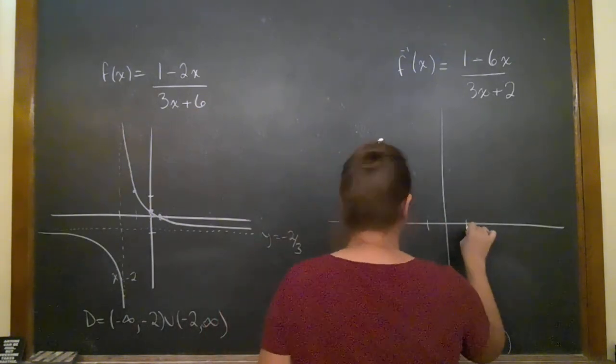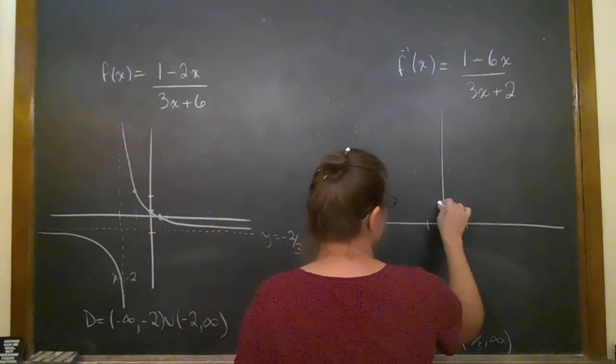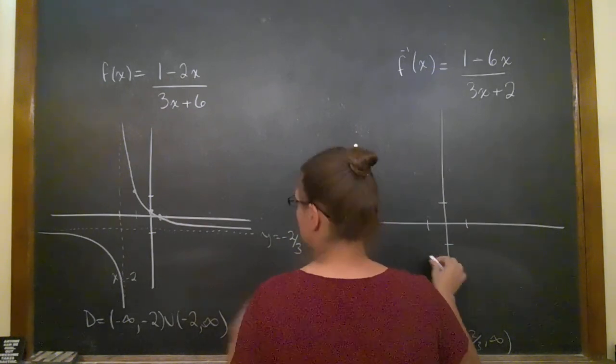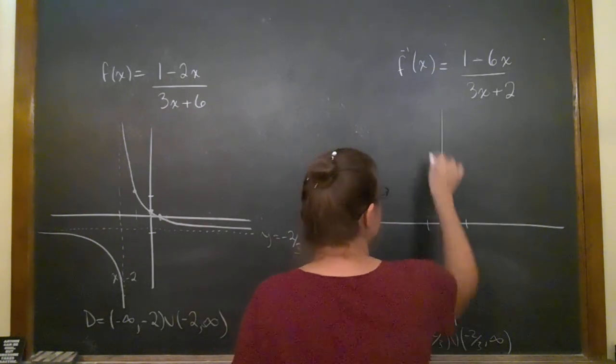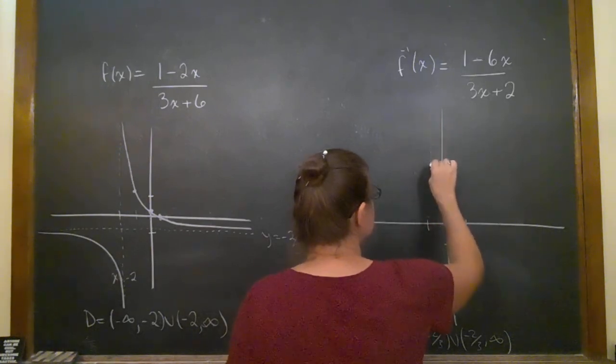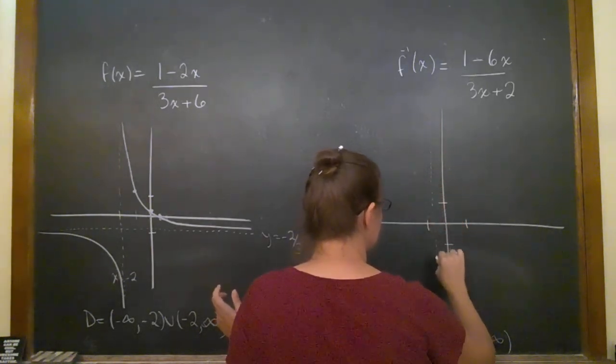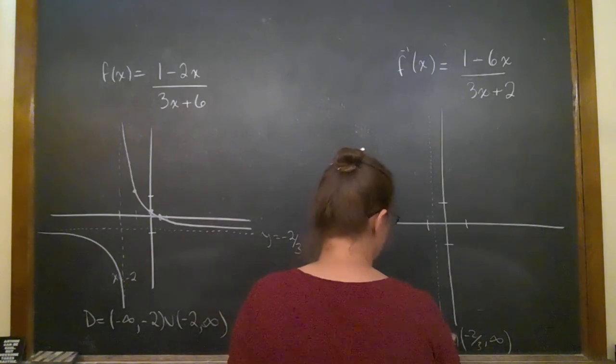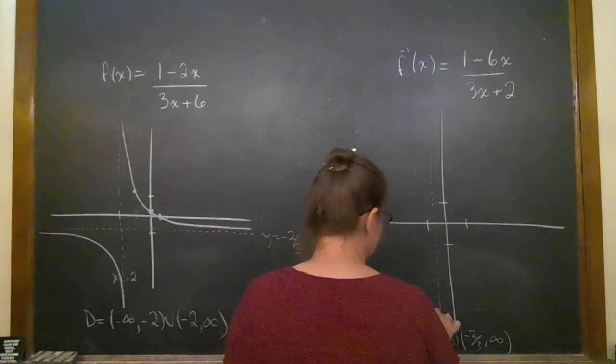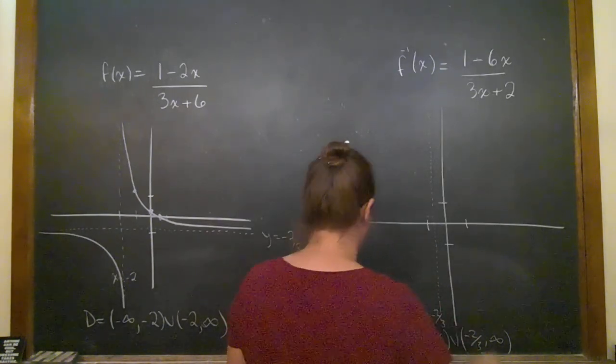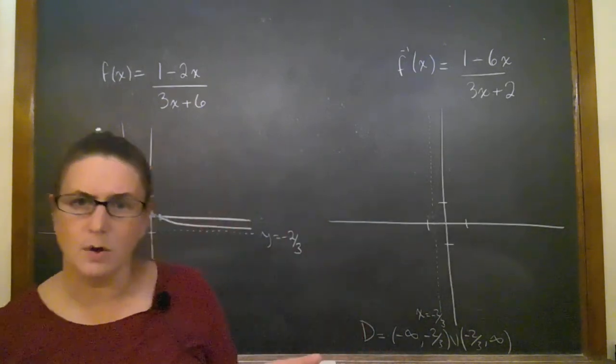I'll try to make it around the same sort of size. So this is my vertical asymptote. So my horizontal asymptote has become my vertical asymptote. And that makes sense because we said we were flipping around the x and the y, right?